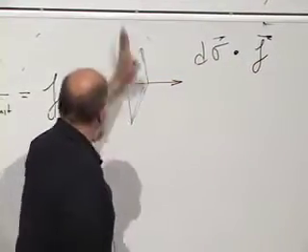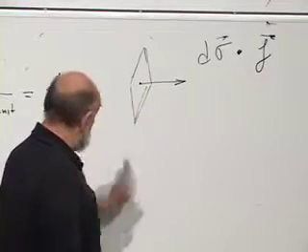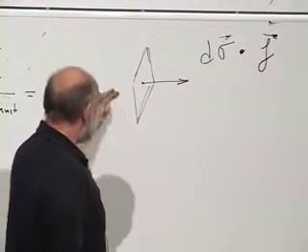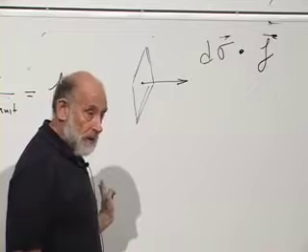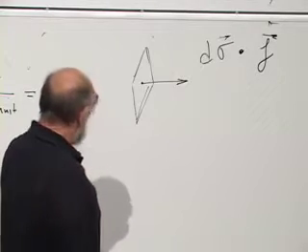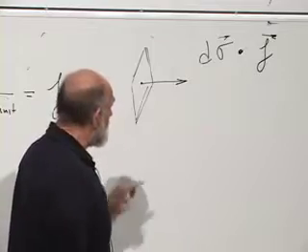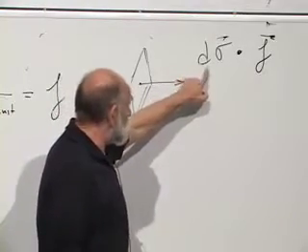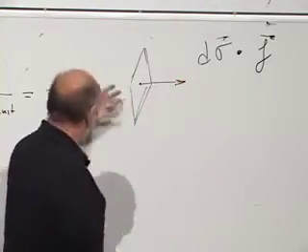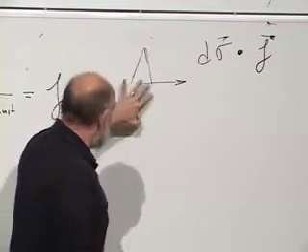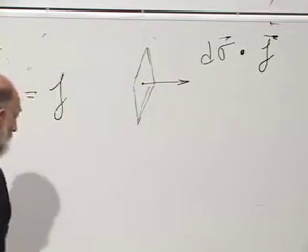So if the current flows along the surface, no current flows from one side to the other. If the current is flowing perpendicular to the surface, that means it's parallel to d sigma, then you get the full maximum brunt of the flow through the surface element.